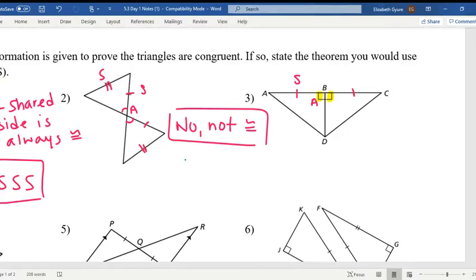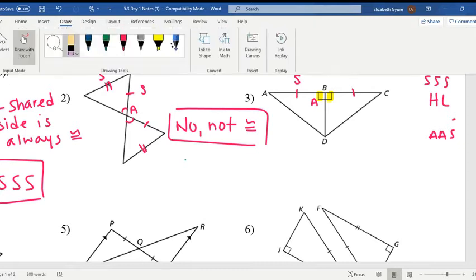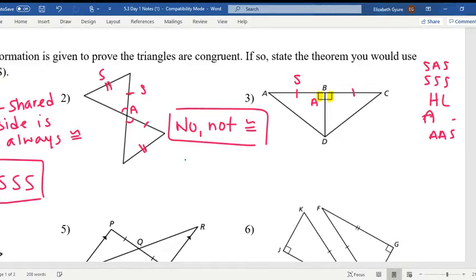So since I scrolled over, remember our options are side angle side, side side side, hypotenuse leg, angle side angle, and angle angle side. We want to use a little bit of process of elimination here.